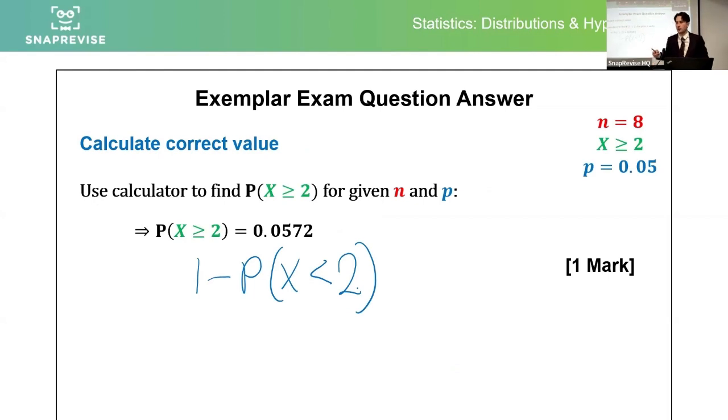But if you've got a calculator that does the binomial upper tail, which I think the CG50 does, that's a real advantage. But because this was an upper tail, if you haven't got that, you'll have to do 1 minus the lower tail. So just make sure you've done it the right way round. It still should be quite a low probability. So do sense check that value. Well done if you got it.